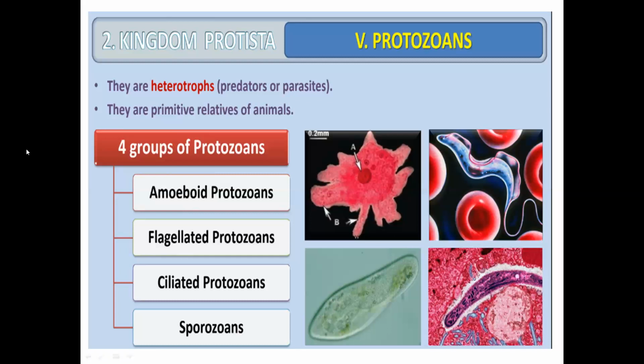And four groups of protozoa: amoeboid protozoa, flagellated protozoa, ciliated protozoa, and sporozoans. So these are the four groups: amoeboid protozoa, that is amoeba; flagellated protozoa, which will have flagella; ciliated protozoa, which will have cilia; and sporozoans.